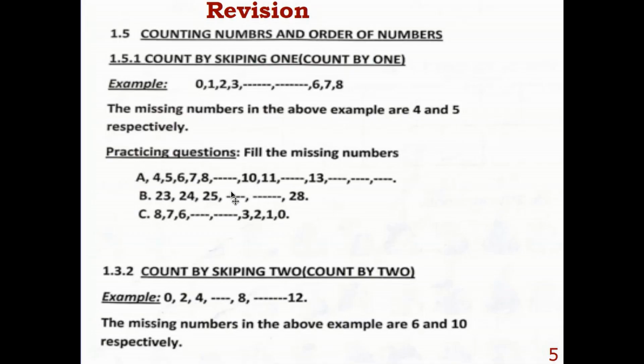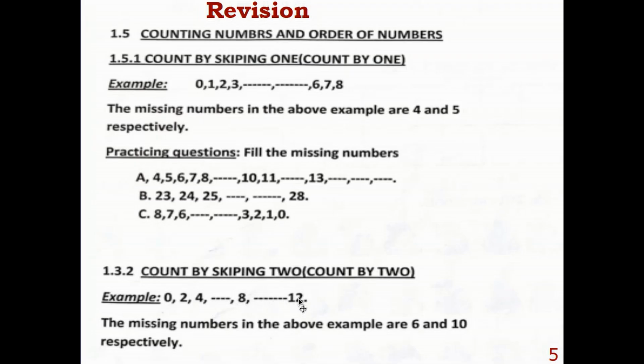And here also we have seen some examples of skip counting. When we say count by skipping 2, or count by 2, it means there is a gap of 2 between two consecutive numbers. There is a difference of 2. 0 to 2, 2 to 4, 4, what next? 6, 8, and 12.